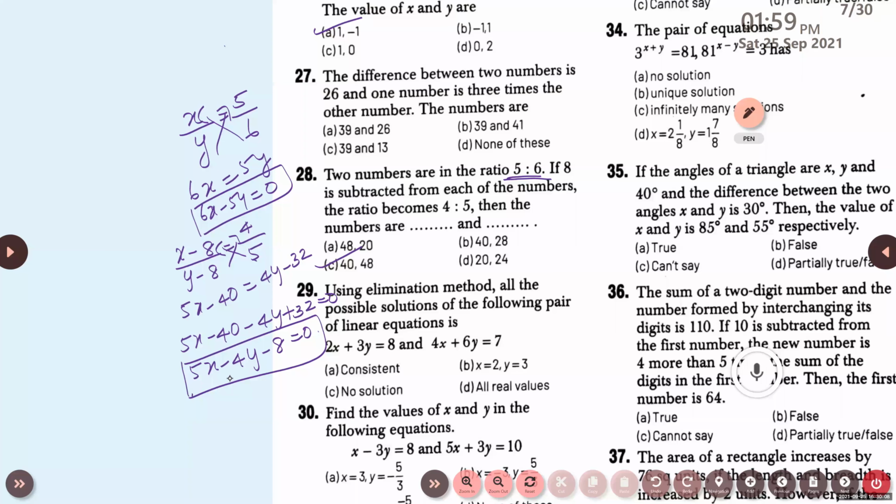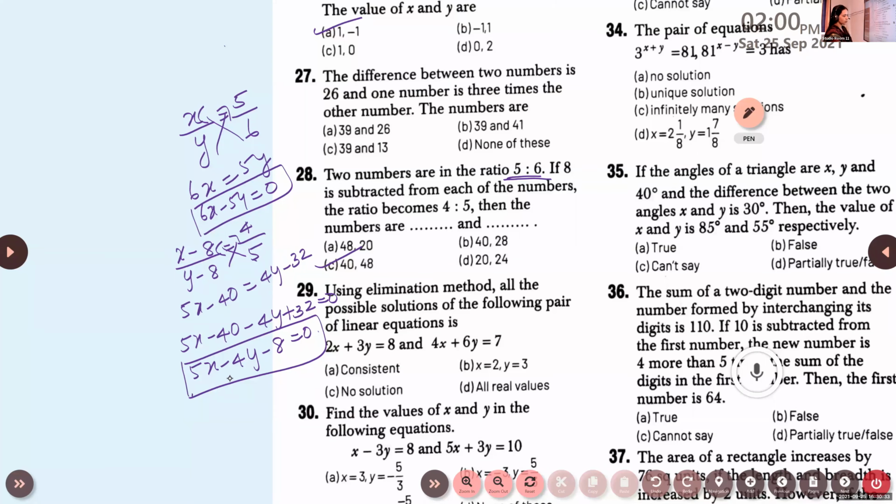Yes, ma'am. Which method did you use? Did you solve it or just take the ratio? Just seeing the ratio. Okay, but you should do it properly. All the time it will not work out. Sometimes you have to solve it and find. Next question, how many solutions and all, you can do.